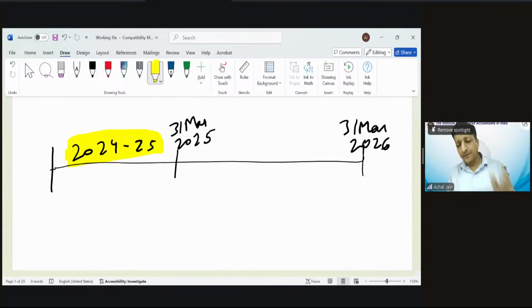Now, in this case, if there is any employee benefit which becomes due for settlement, meaning the amount becomes payable within 12 months from the balance sheet date, what is that period? This is the period.